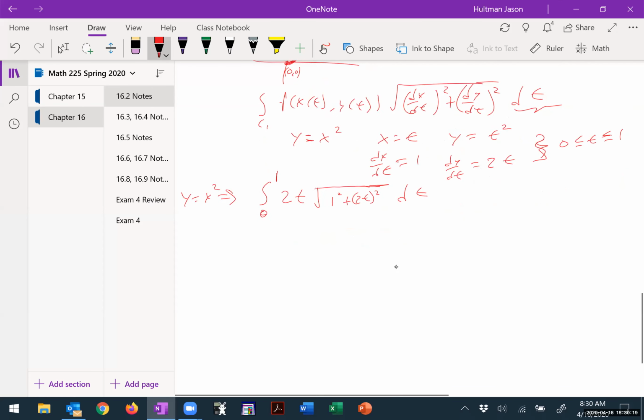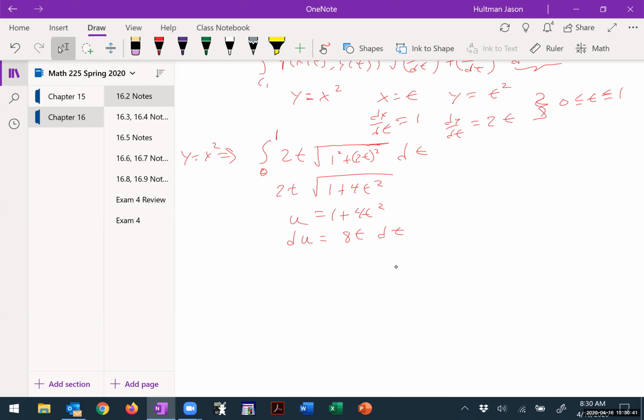Well, this is a nice u sub. If I simplify this, it becomes 1 plus 4t squared. I can do a u of 1 plus 4t squared. I get du equals 8t dt. I apologize if I'm writing too fast for you to keep up. Du is equal to 8t dt.